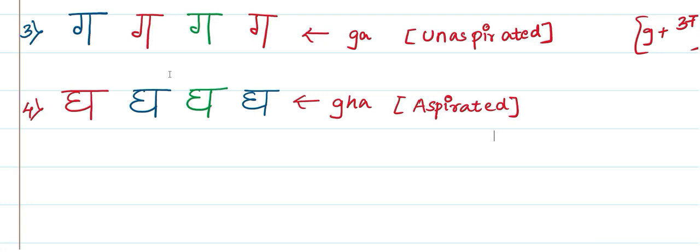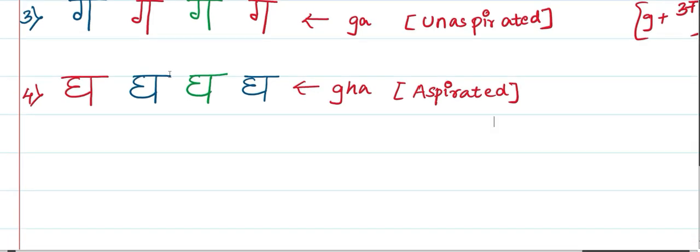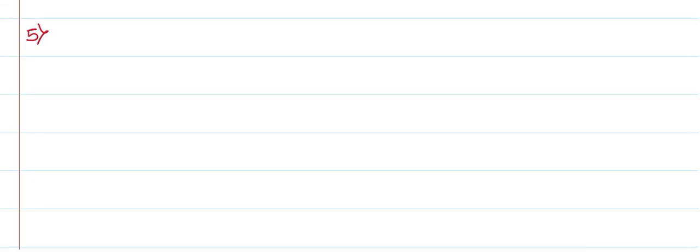So the third one is unaspirated and the fourth one is aspirated. Let's move forward and do the next one.